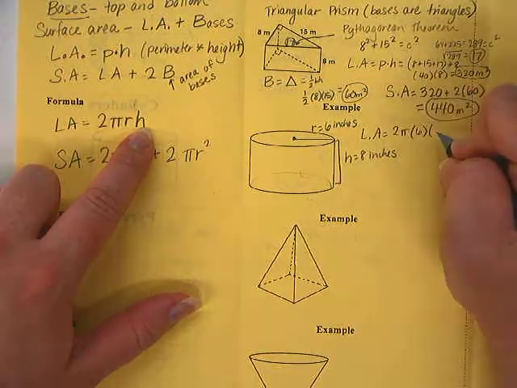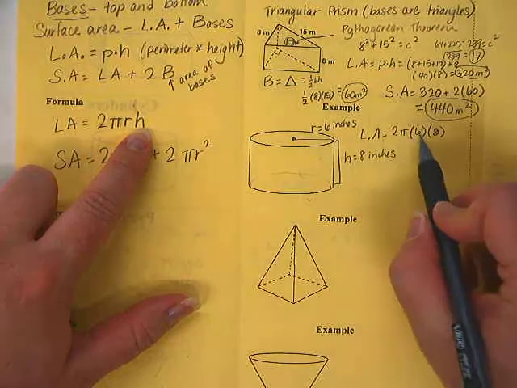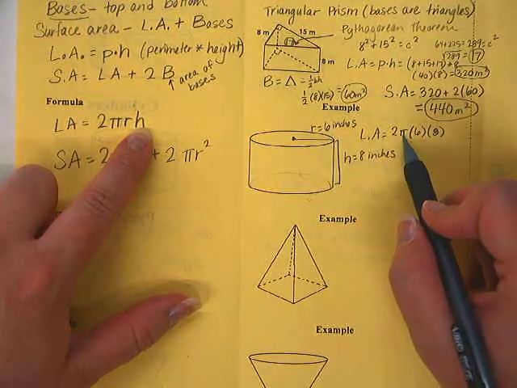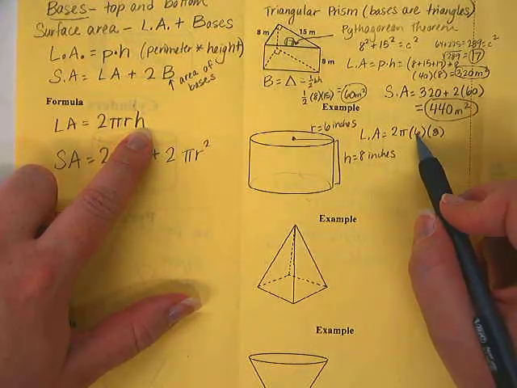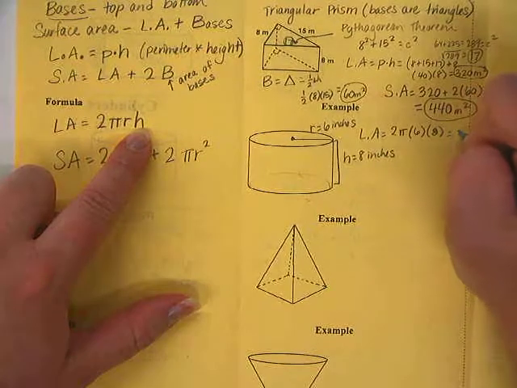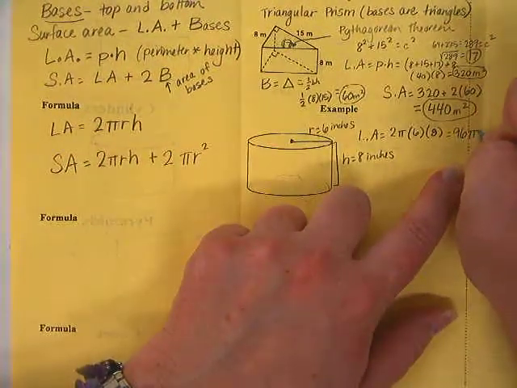Okay, all we have to do is plug in the numbers. So for lateral area, all we do is 2 pi r, what's r? What's r? 6. H, what's h? 8.